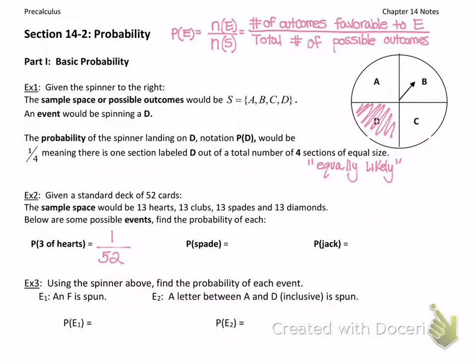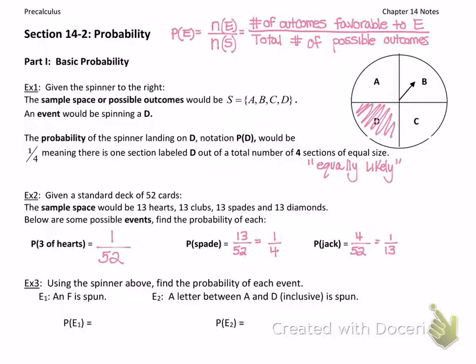The probability of choosing a spade, any spade, is 13 over 52, which simplifies to 1/4. And the probability of getting a jack: there are 4 jacks, one of each suit, out of 52 total cards, which is 1 out of 13 when we simplify it.